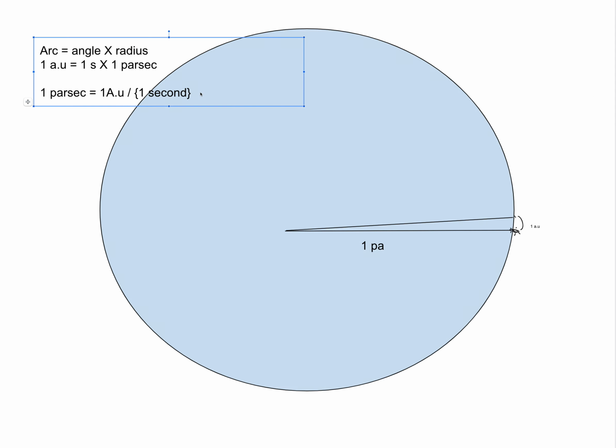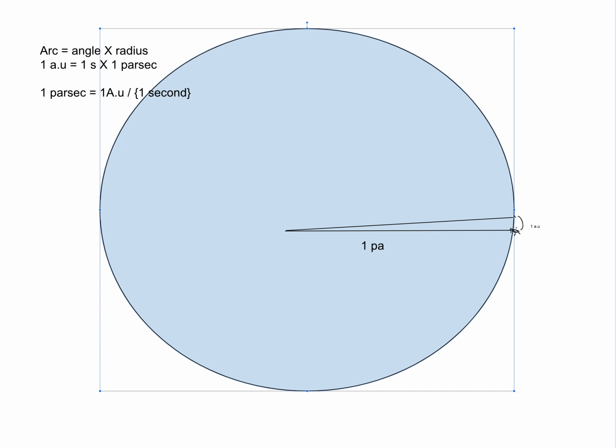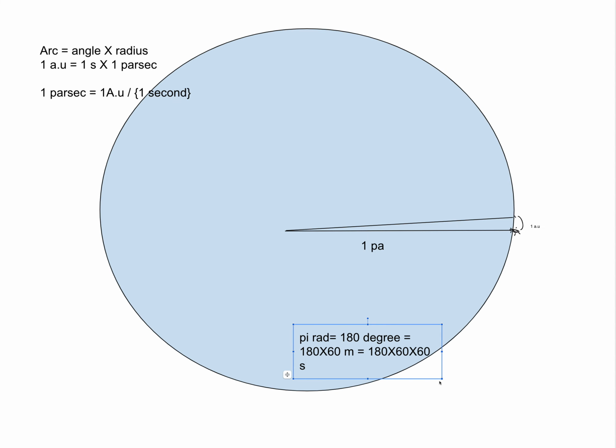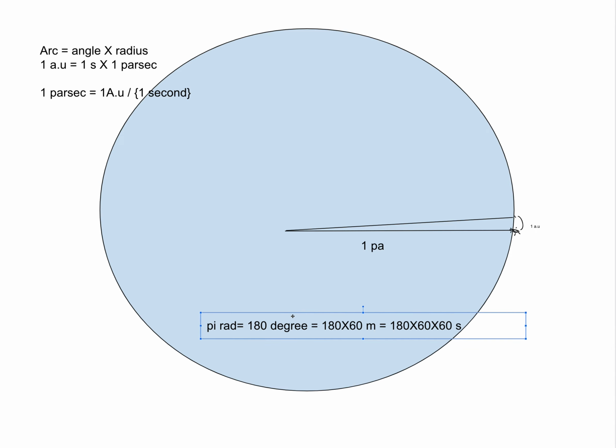This one we have already found out, right? So let me write it over here. 180 multiplied by 60 multiplied by 60 seconds is equal to pi radian.